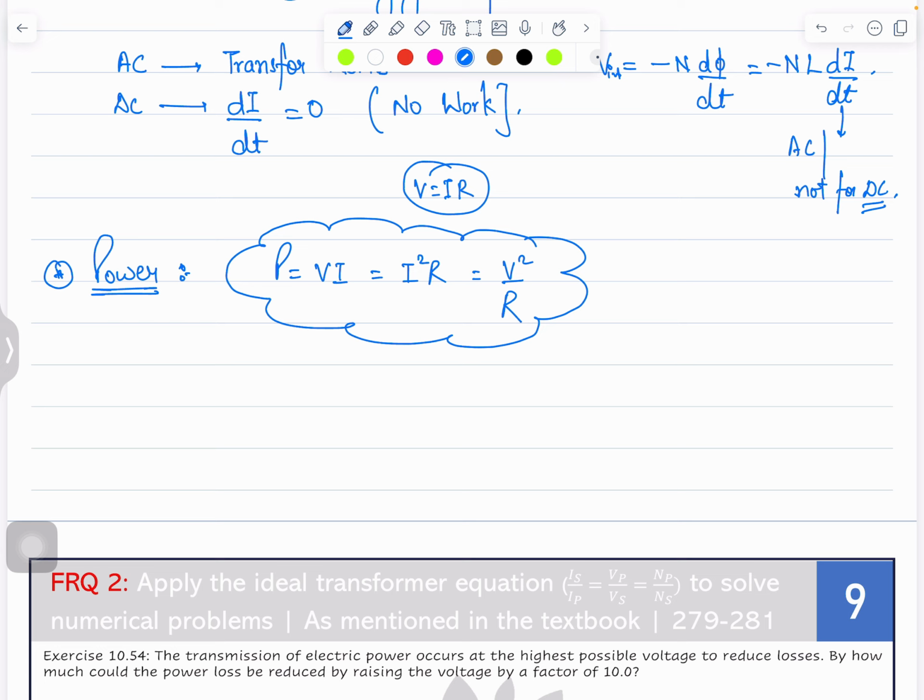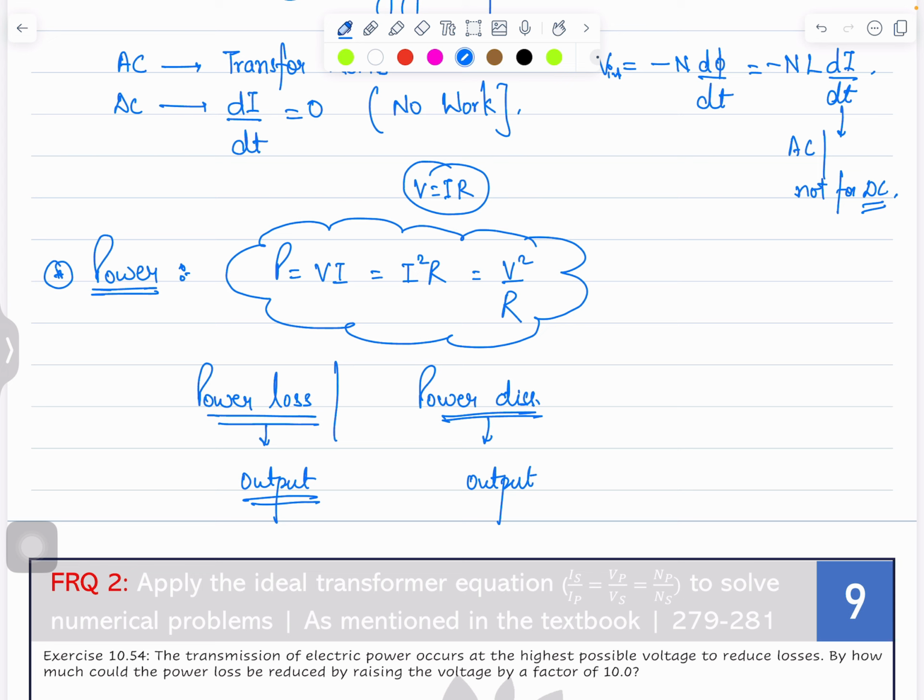But the major thing, there is the word called power loss or power dissipated. Okay, so power loss, always remember that is in case of output, because you cannot lose the power in terms of input. Even if they give you the word power dissipated, this is also in terms of output, not input.